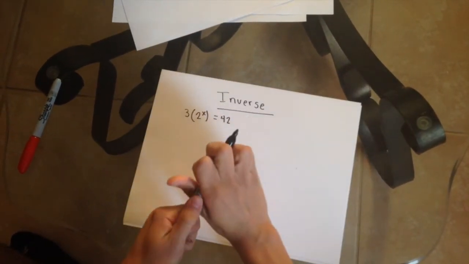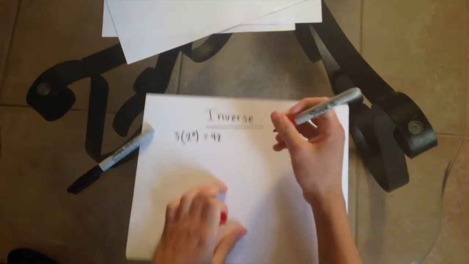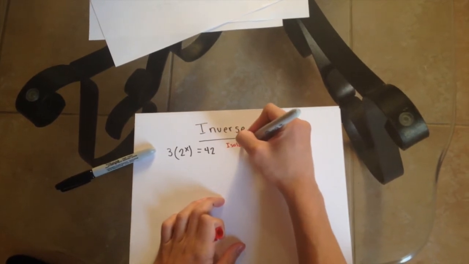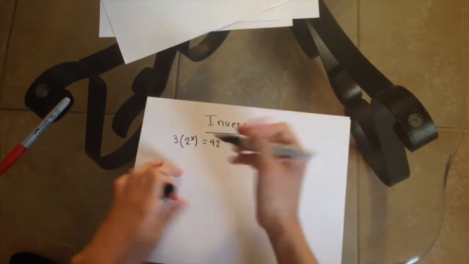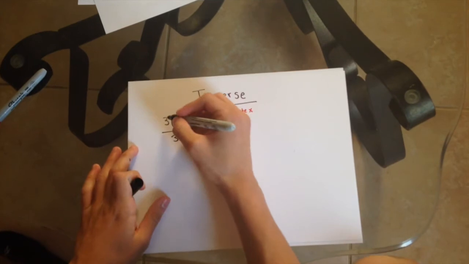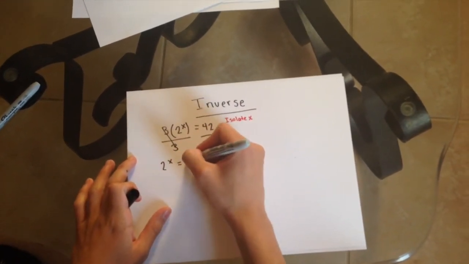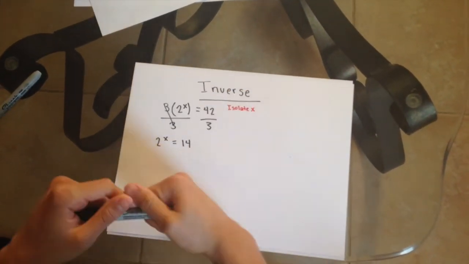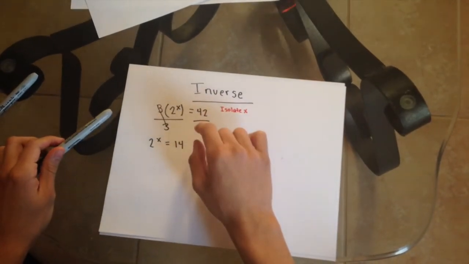Our ultimate goal in solving this is to isolate x so we can get a solution. So what we have to do first is divide by 3 to cancel it. 2 to the x is equal to 14. This is where we're at so far. We divided by 3, and now we have 14 from 42 divided by 3.